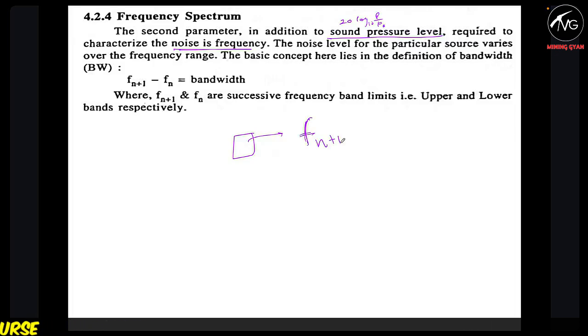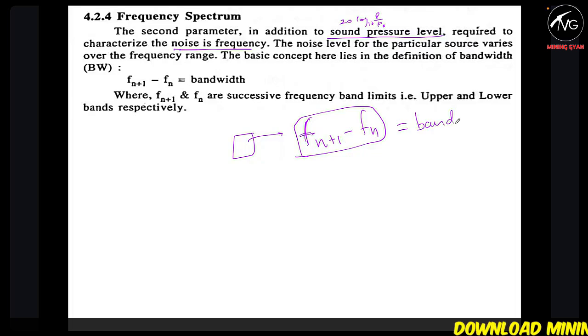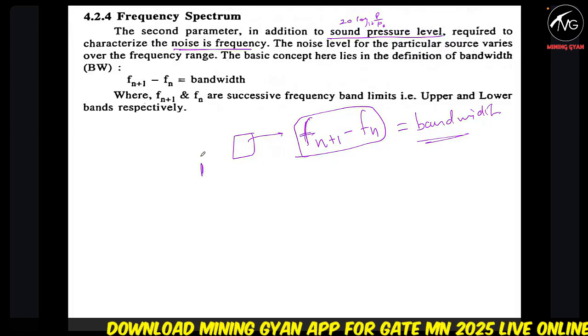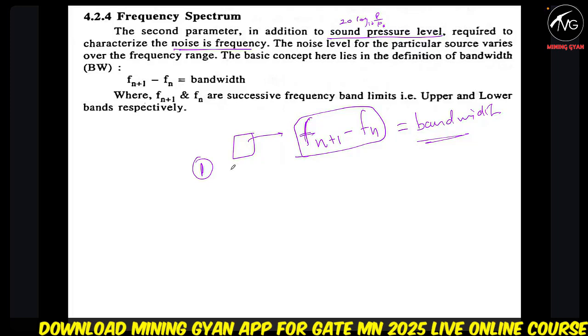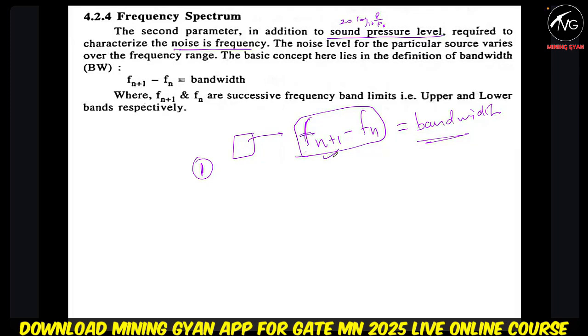Suppose fn plus 1 minus fn is the range. The difference between the two is known as bandwidth. You have to remember 2-3 points. So fn plus 1 minus fn, the difference between two frequencies, is equal to the bandwidth. Second formula, fn plus 1 divided by fn should be equal to 2k.